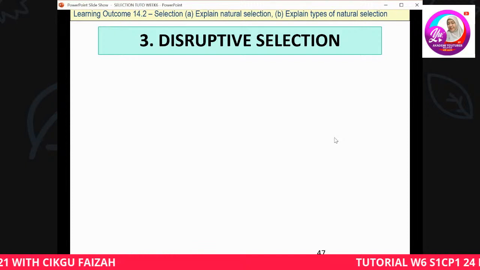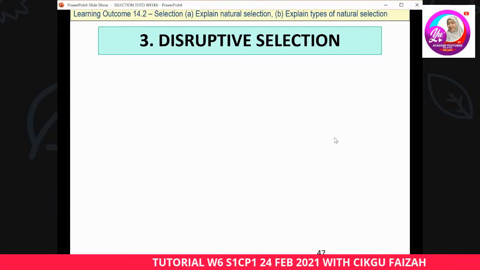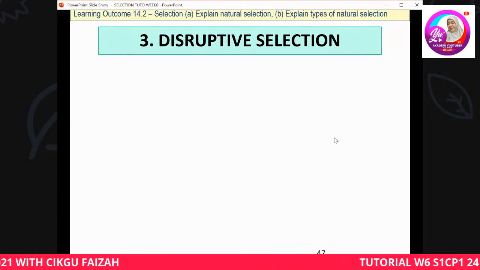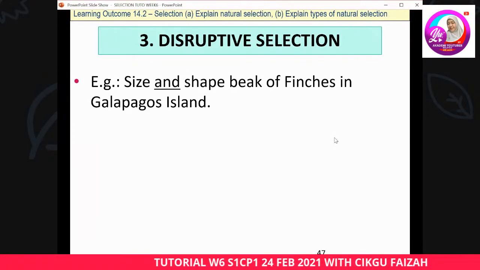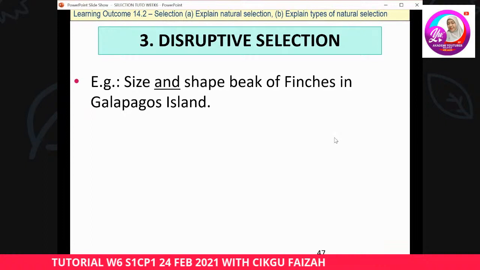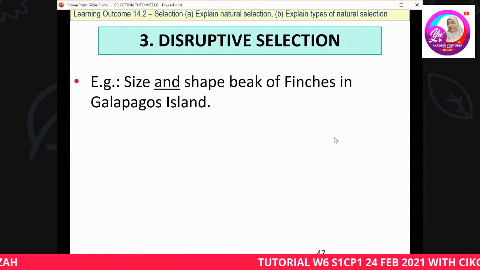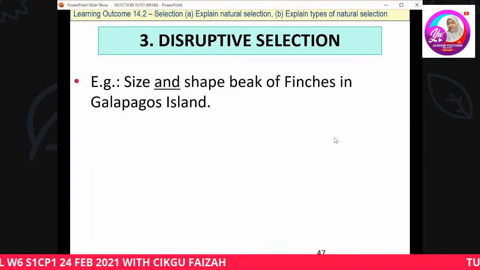You can observe that the beaks of the birds differ. These different beaks led scientists to discover something interesting about how birds survive naturally. The example used is the size and shape of the beak of finches in Galapagos Island. Refer to page 78 and highlight, class. The example you must memorize for disruptive natural selection is the size and shape of the beak of finches in Galapagos Island.